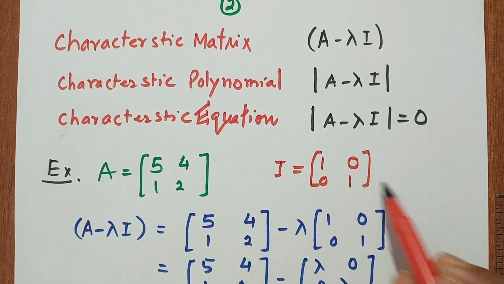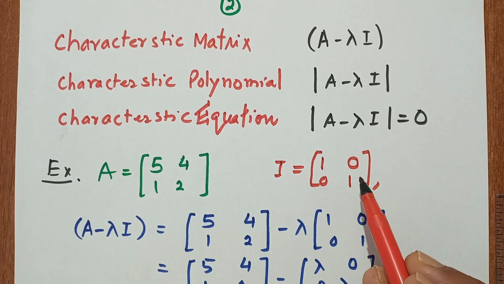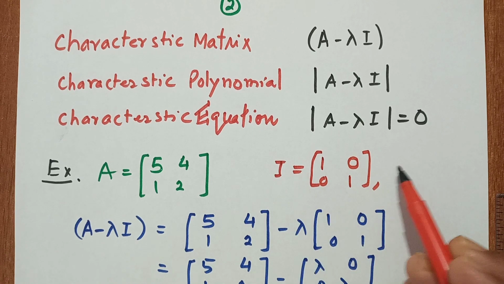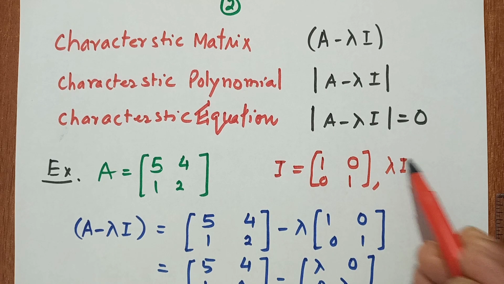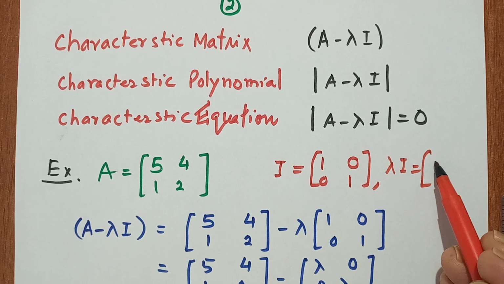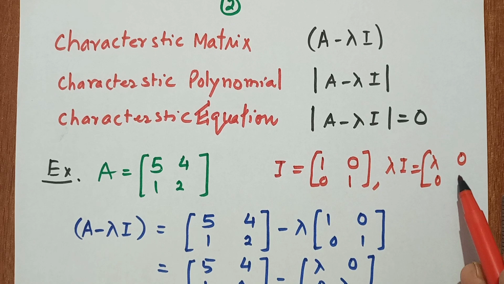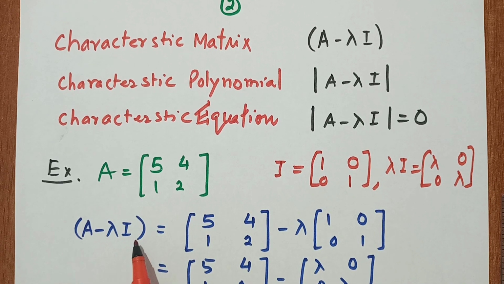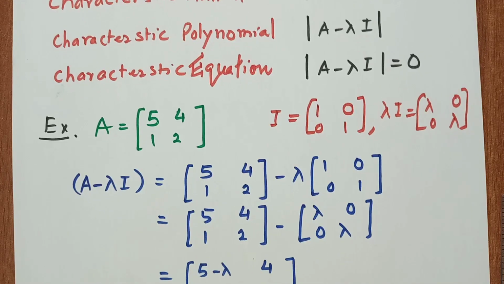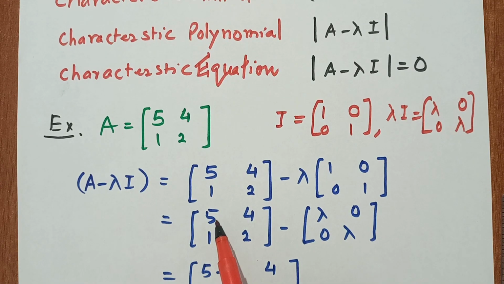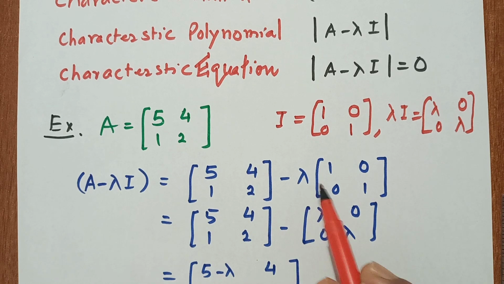Also, if we multiply a scalar with the matrix, that is lambda I, this will be lambda 0 0 lambda. Now A minus lambda I: A is as it is, minus lambda times the identity matrix. This is very easy to see: 5 4 is the same, minus lambda multiplied in.